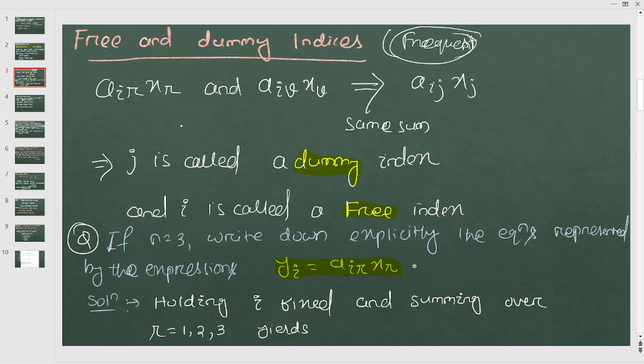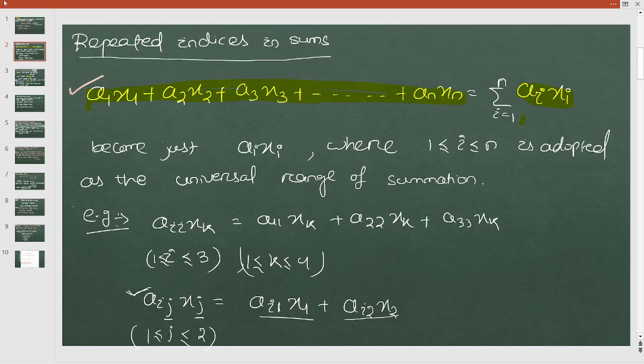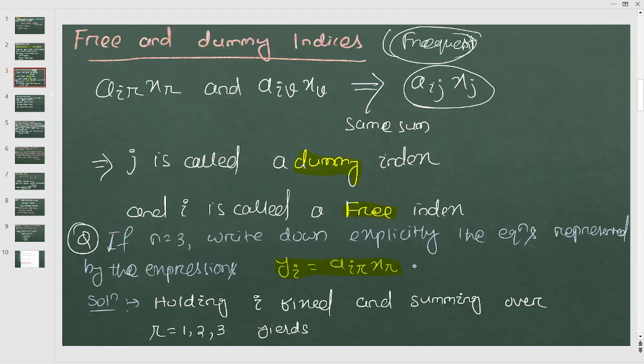See, a_ir x_r and a_iv x_v. I have an expression like a_ij x_j. In the previous slide, here j is the repeated index. In place of j, I have placed r, and I can also write v.